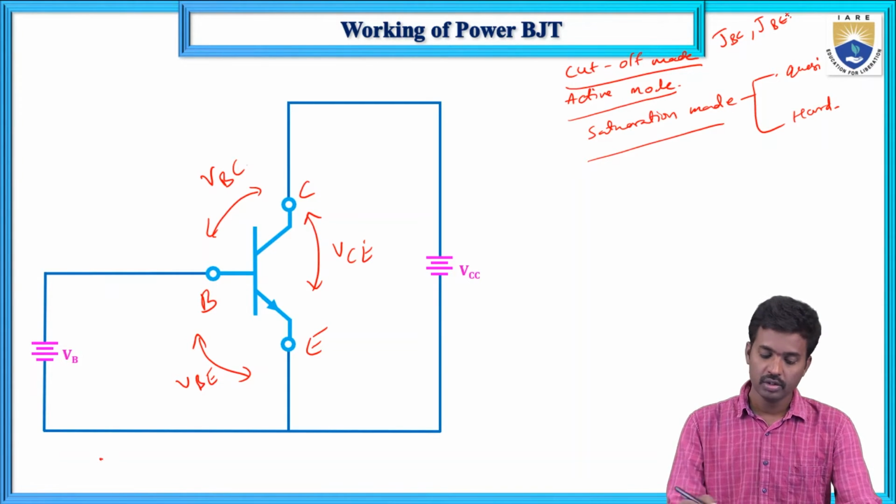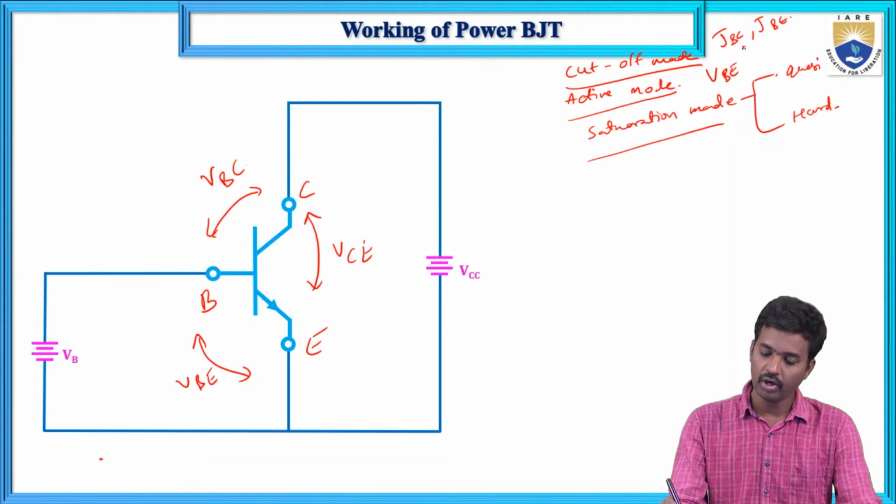Active mode means VBE is forward biased and VBC is reverse biased.